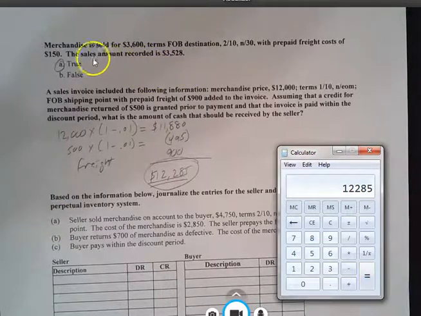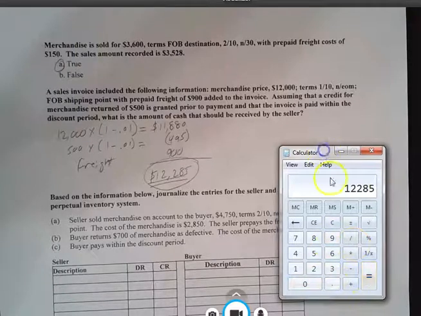This true-false question asks for the sales amount recorded. This question asks for the amount of cash, both for sales and everything else, which in this case we have to add 900 to it. If it had asked for the amount of sales, we would just subtract this 900 out, and that would give us 11,385, but that's not what the question asked us for. Okay?